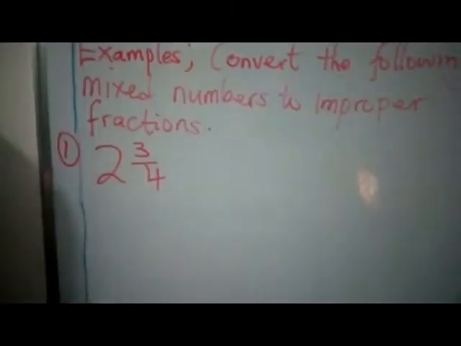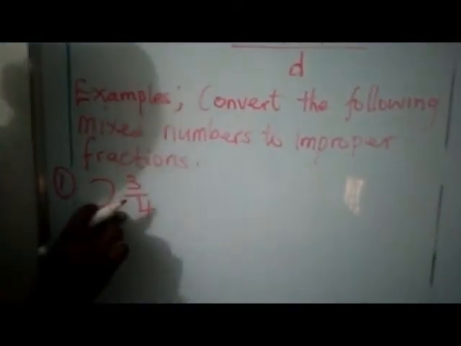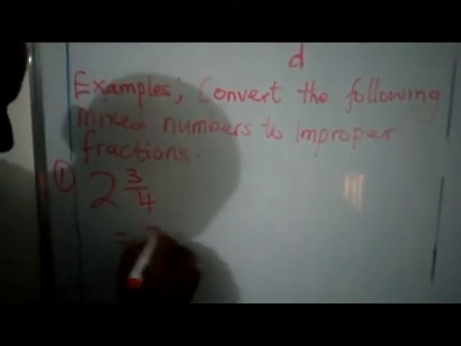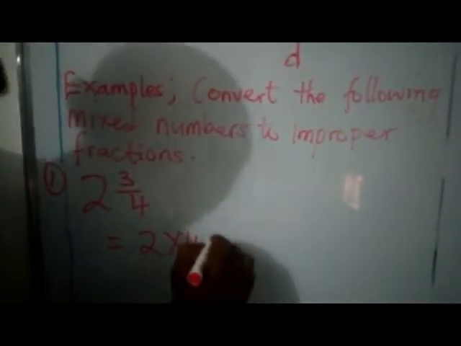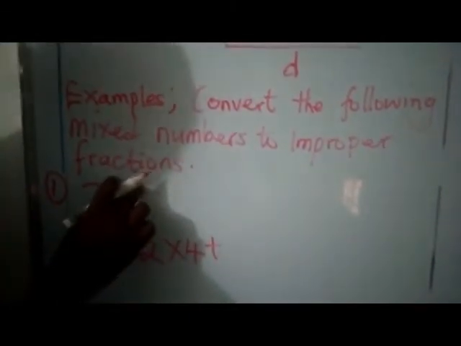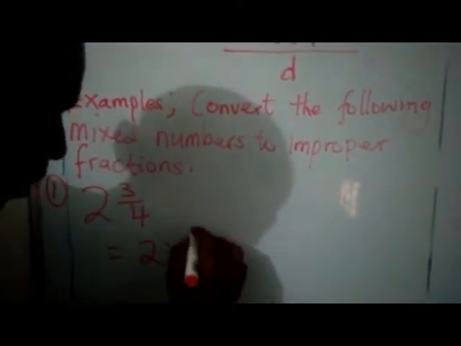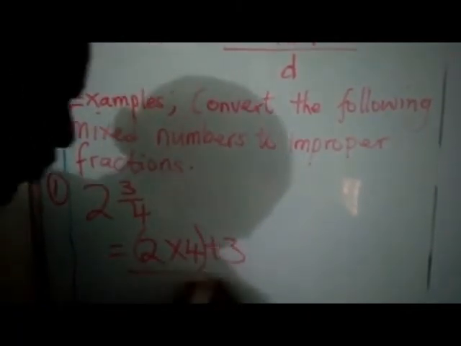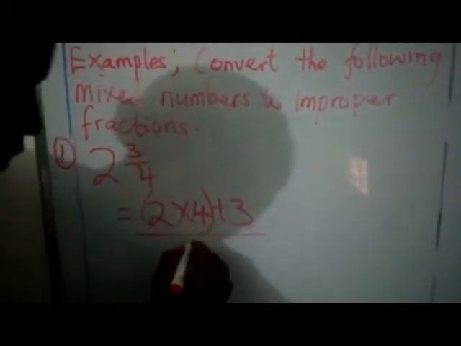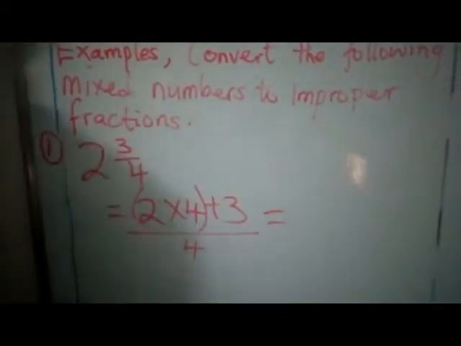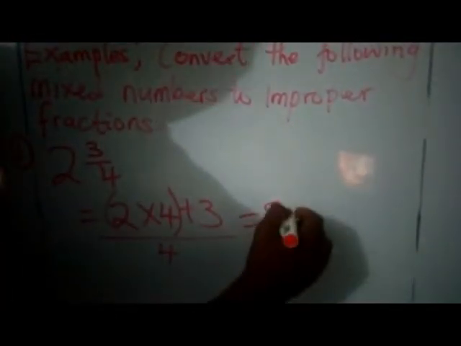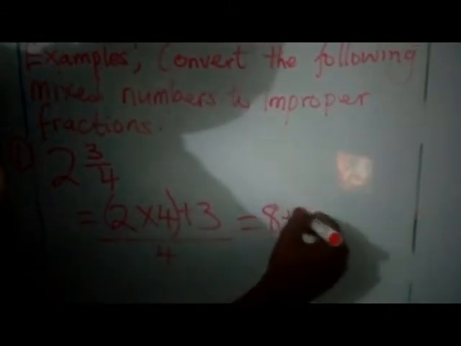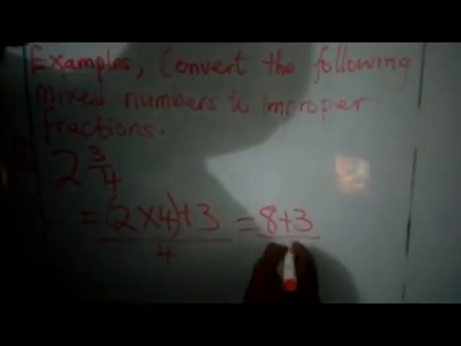So from this fraction, our whole number is 2, our denominator is 4, and our numerator is 3. Going with that formula: whole number 2, multiplied by our denominator 4, plus our numerator 3, everything over our denominator, 4. You can group these together. Then we solve further. 2 times 4 gives us 8, plus our 3, everything over 4.